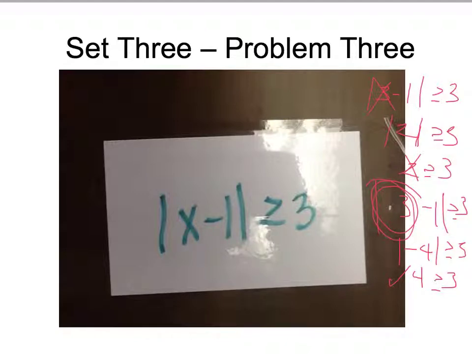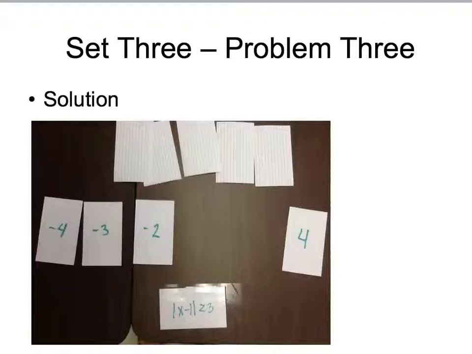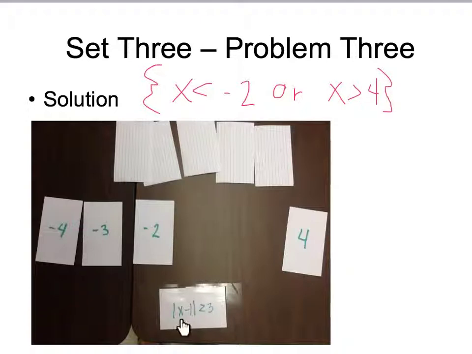All right, so after trying all of the different possibilities, my solution set is that x is less than -2 or x is greater than 4. Those are the numbers that will work to make this inequality true.